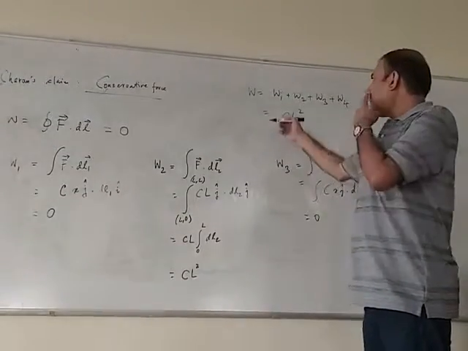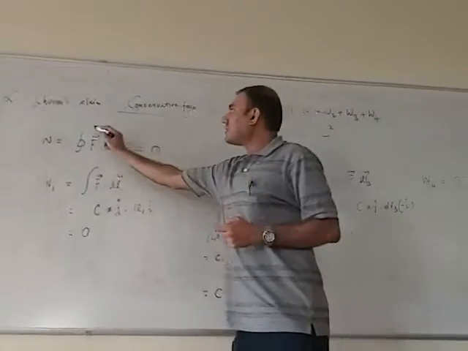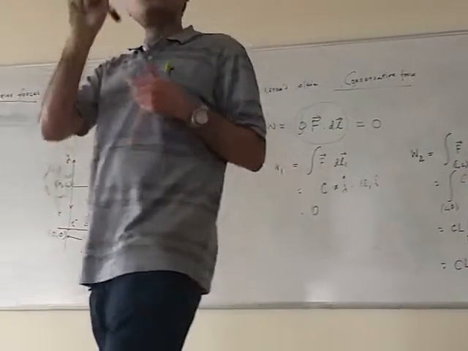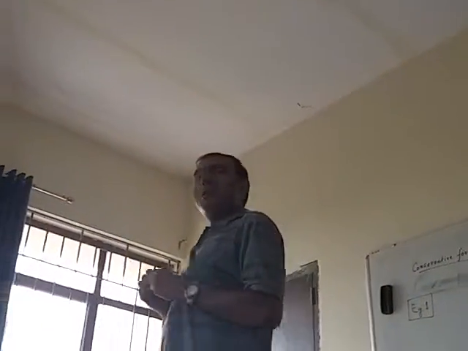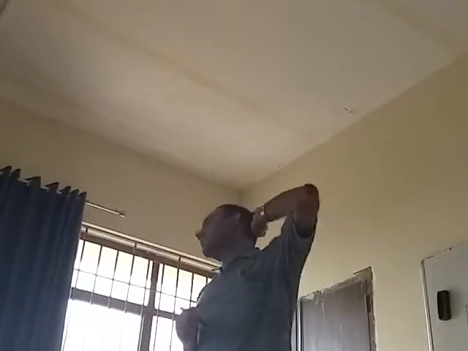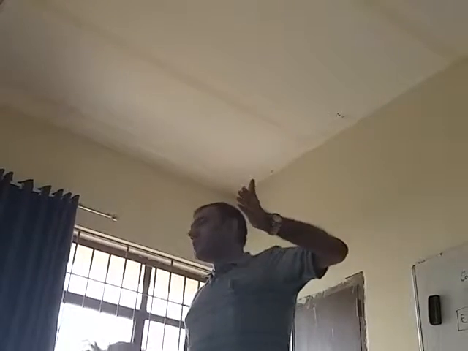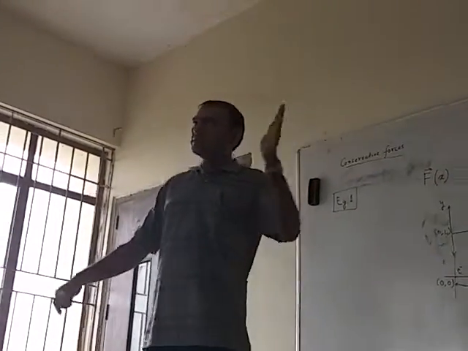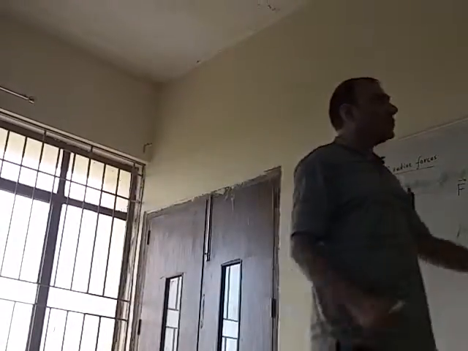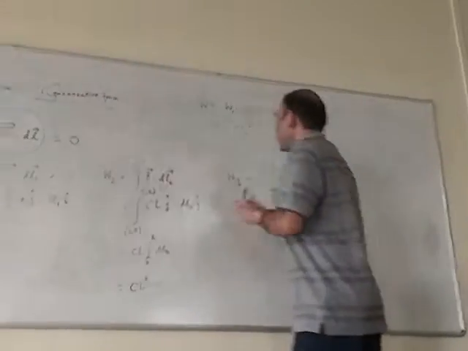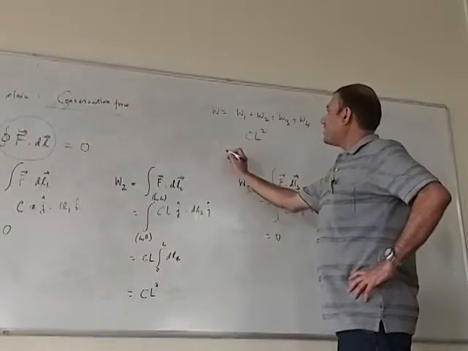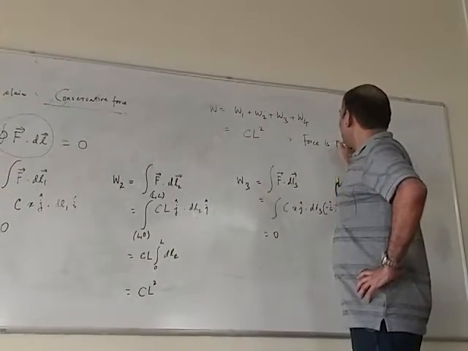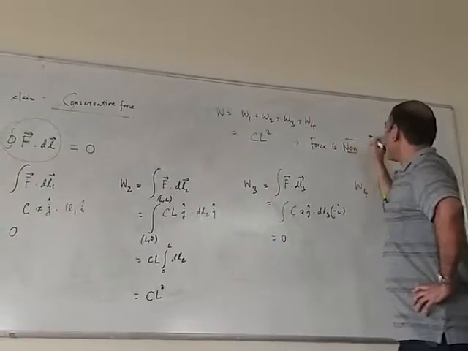And this is nothing but this closed loop integral. So what does that give you? It gives you a non-zero value. Because L is obviously a non-zero quantity, it's the side of the square. And C is something positive. So this being a non-zero quantity tells you that the force is non-conservative.